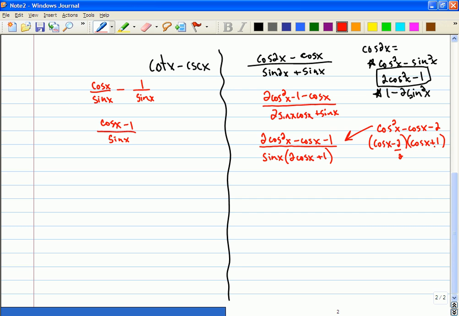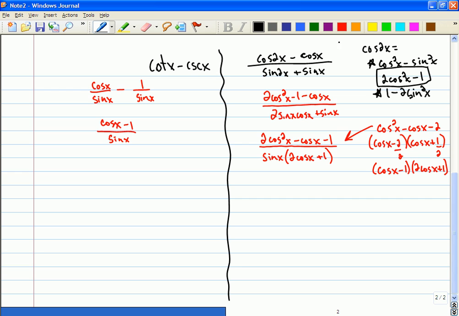And then dividing both by 2, the number I had already multiplied by, gives me cosine x minus 1 and 2 cosine x plus 1. And it's kind of a giveaway as well. If it's going to work out and it's going to factor, that has to be one of the factors, 2 cos x plus 1, or I didn't get any further with the problem.